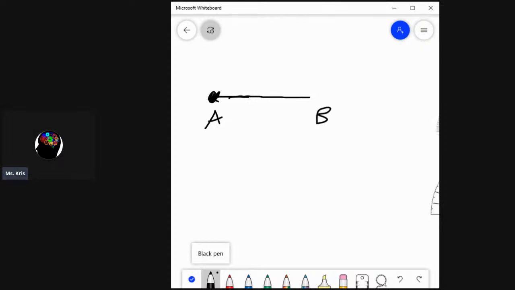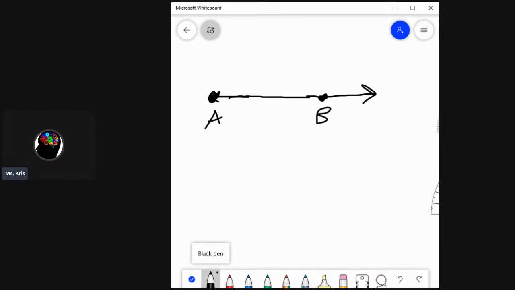Then that shifts from a line segment to a ray. Now, the difference between a line segment and a ray: a line segment, of course, has two start and end points.